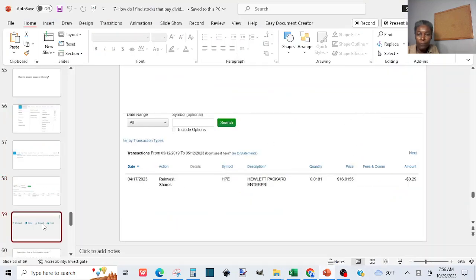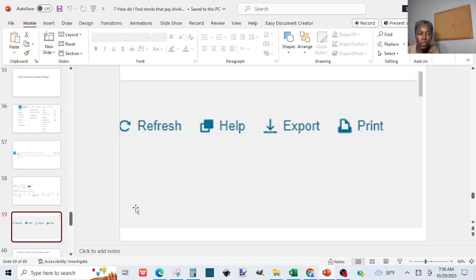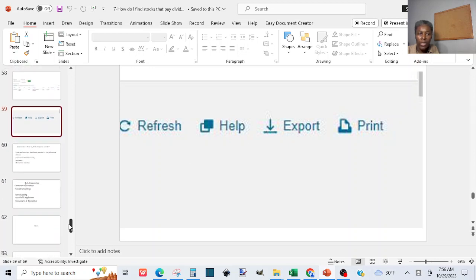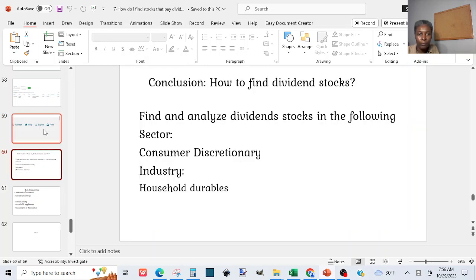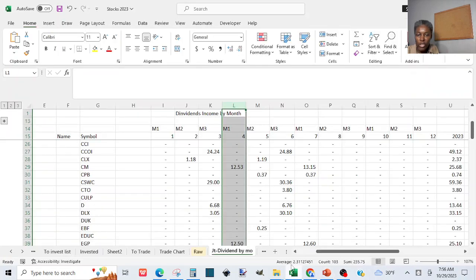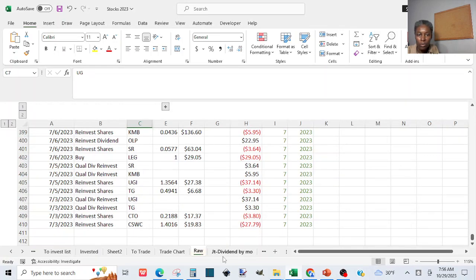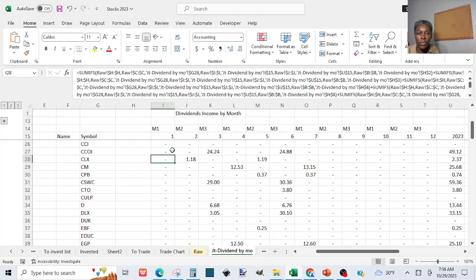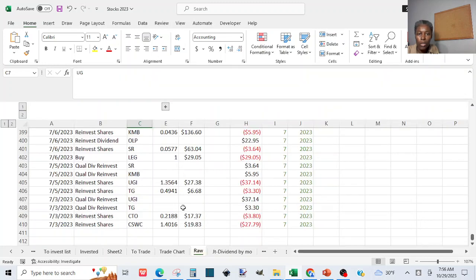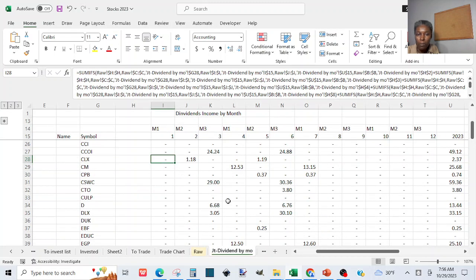or you can just go back to the top of the page and click on export. When you click on export, it'll open a window. You'll click OK, and you'll be able to export that to your spreadsheet as raw data. And when you add it to your spreadsheet, if you add some formula to your spreadsheet, you'll be able to automatically pull data from your download to your dividend income spreadsheet to see how much each one of those stocks earned during the month for you.